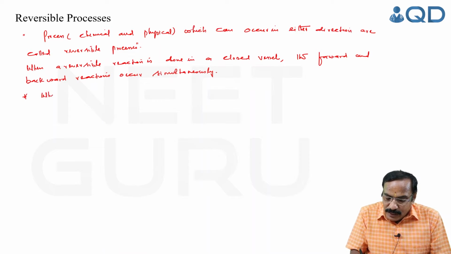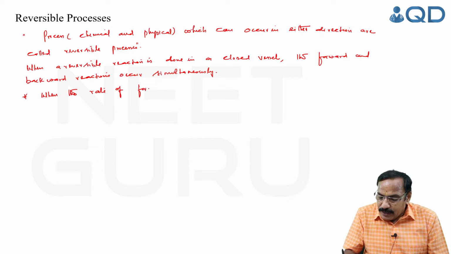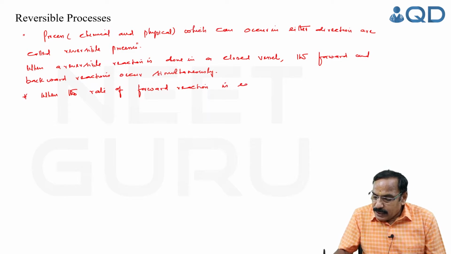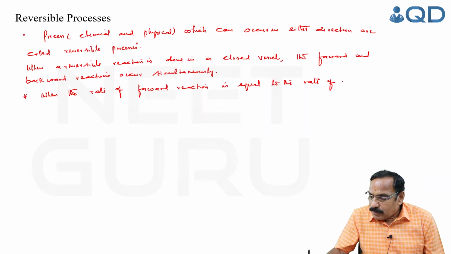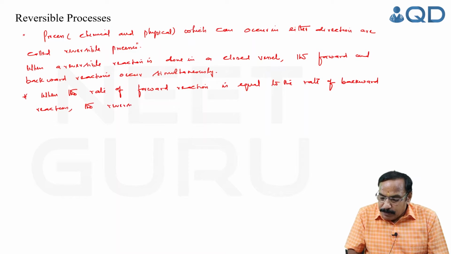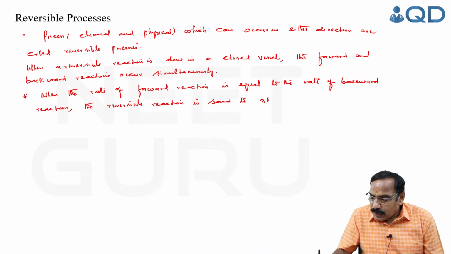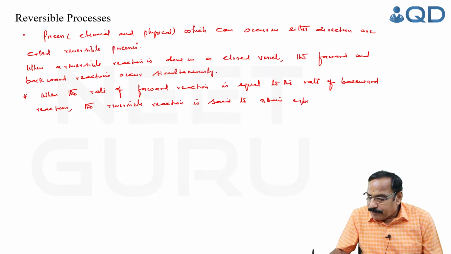Then, when the rate, that is speed, of forward reaction is equal to the rate of backward reaction, the reversible reaction is said to attain equilibrium.